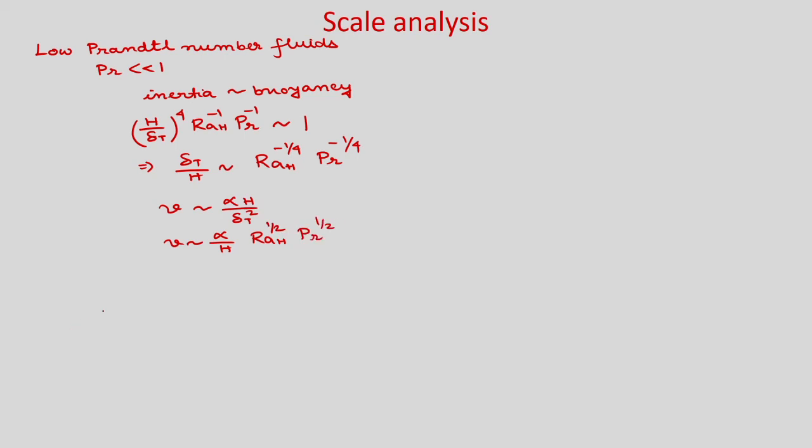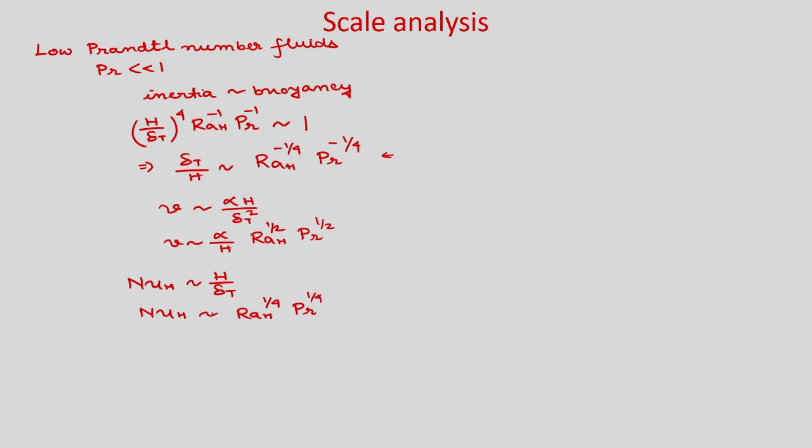Okay. So, now you can see your Nusselt number. Nusselt number based on h will be order of h by delta t, we have already shown. So, Nusselt number h will be order of Ra h to the power 1 by 4, Prandtl number to the power 1 by 4.